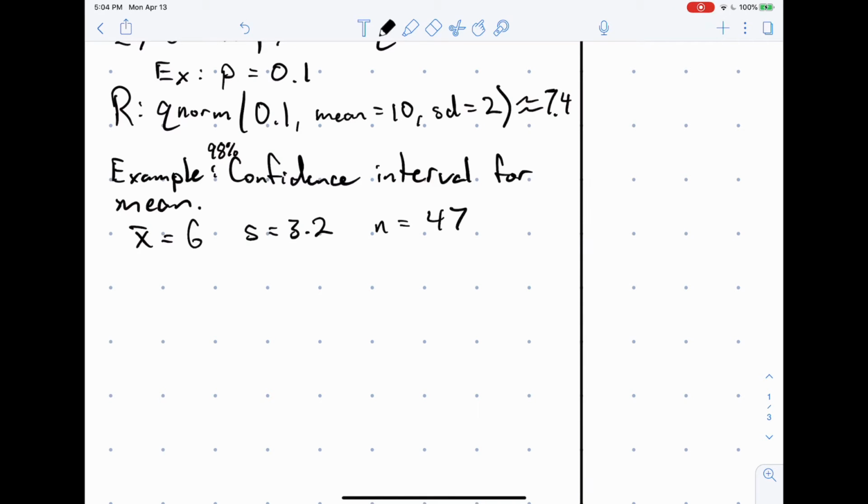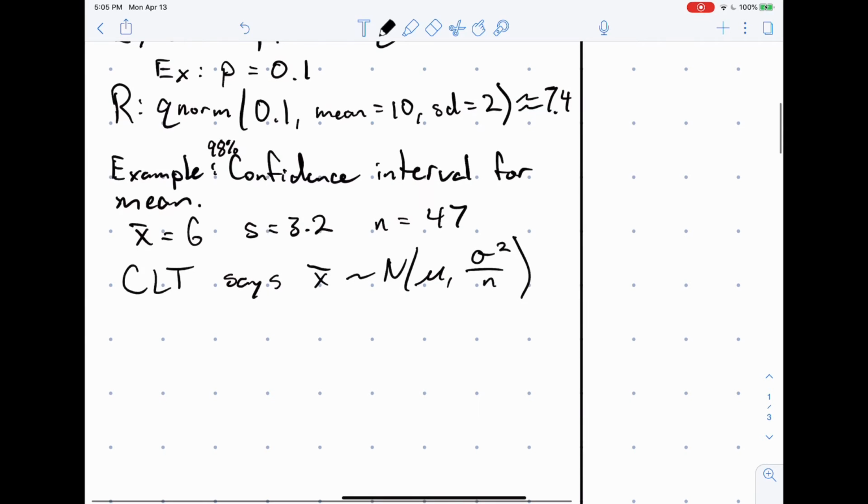I'm just pulling numbers out of here. A confidence interval by the central limit theorem says that x bar is distributed as normal with mean mu and sigma squared over n as the variance parameter. Then we can get a confidence interval. So we have 98%. Here's how we do our confidence interval.